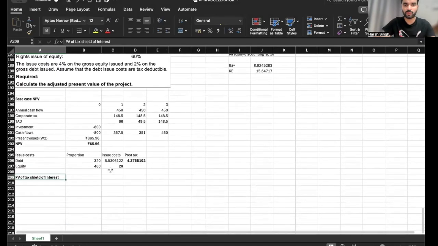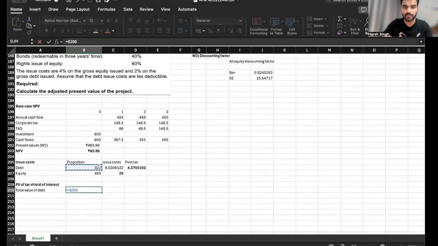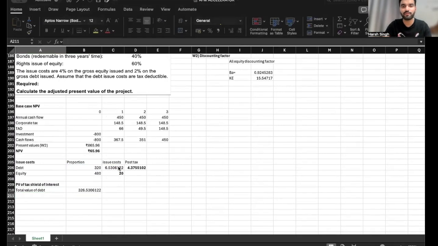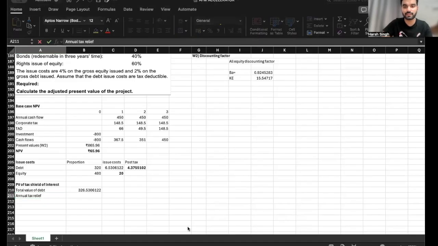So now the total value of debt we have to find out. Total value of debt will be equal to 320 plus 6.5. So this is the total value of loan that we are going to raise. Now annual tax relief, everyone, again is something important that we have to consider.